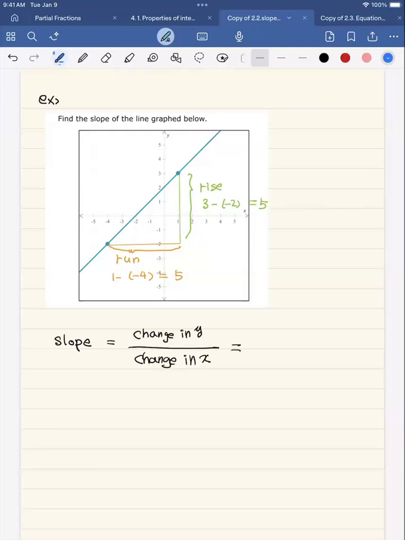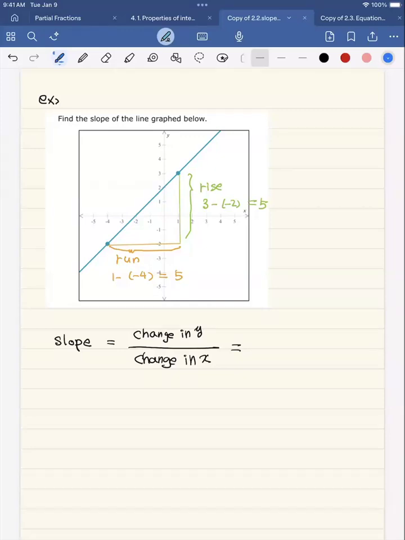Let's work with examples. In this problem, we want to find the slope of the line graphed here. To figure out the slope of the line, we have to know change in y and change in x.